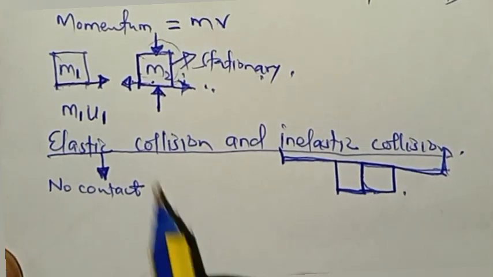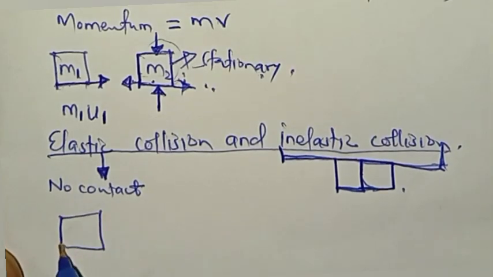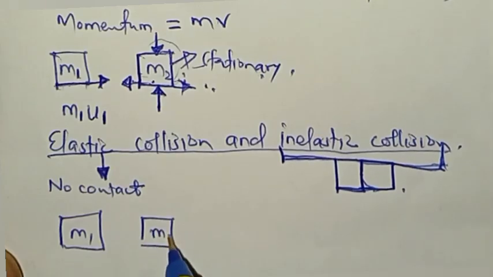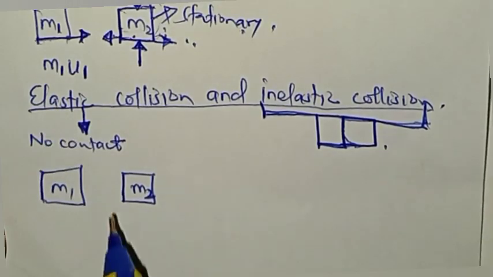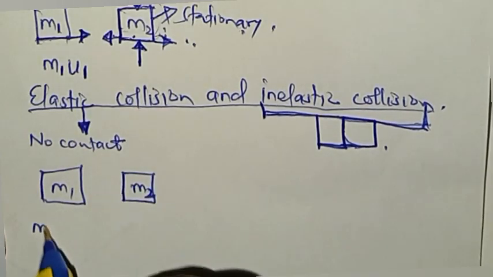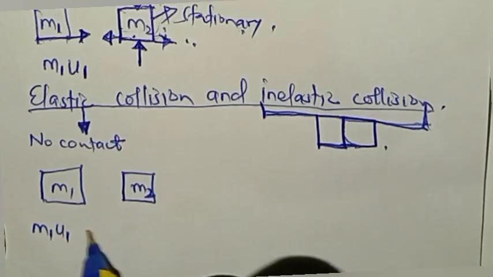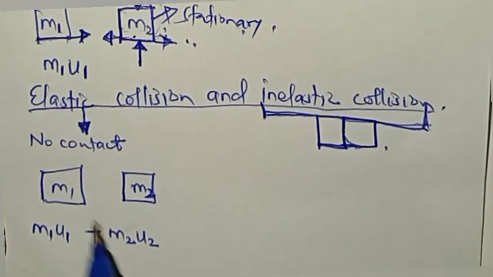So, having two bodies, M1 and M2, at first their initial momentum is M1 U1 plus M2 U2.